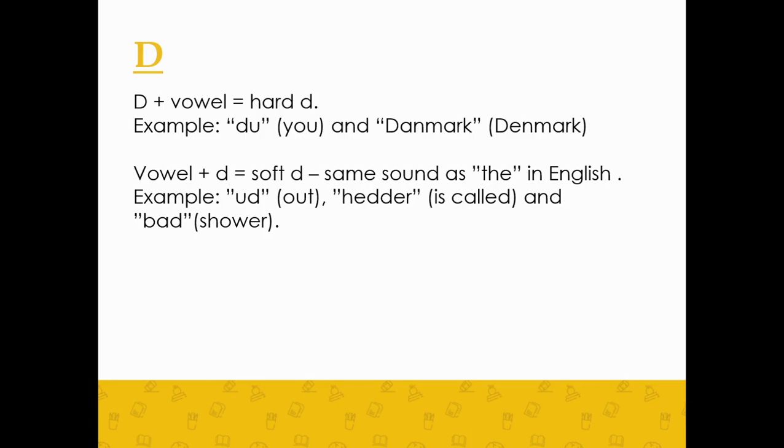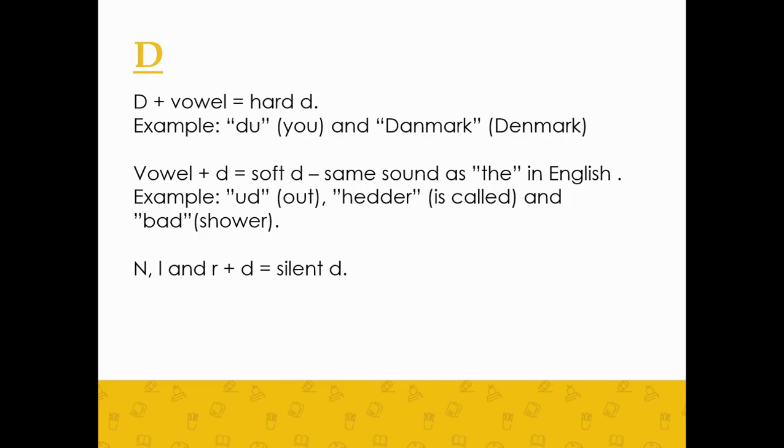And where your tongue ends up being is exactly where it needs to be, at the bottom of the mouth. So it may seem a little strange and silly at first, but this is a Danish sound that you need to master in order to do a correct pronunciation. So "ud" and "hedder" and "brusebad". Try to say it in an exaggerated way with your tongue hanging out of your mouth. Then you'll get closer and closer to what you're aiming at.